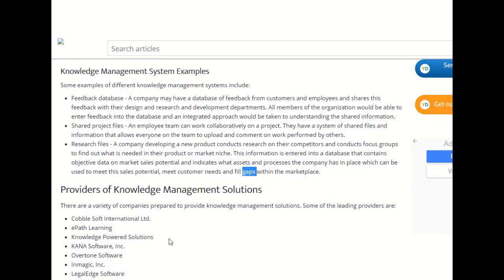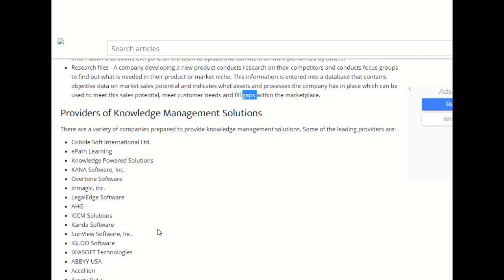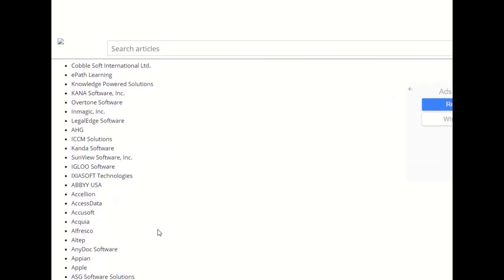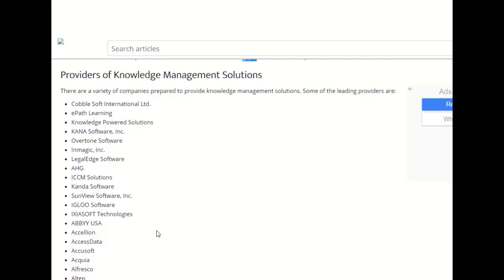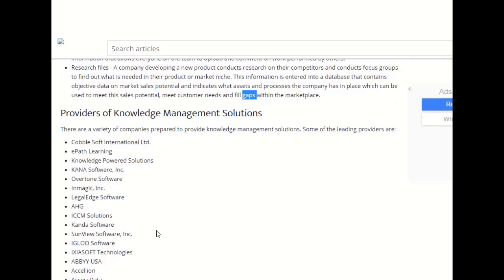So there are lots of types of providers of knowledge management solutions available in the market, but these are not for free. It means you have to purchase this knowledge management. But if a company were going to design and hire a particular programmer, take note of that.